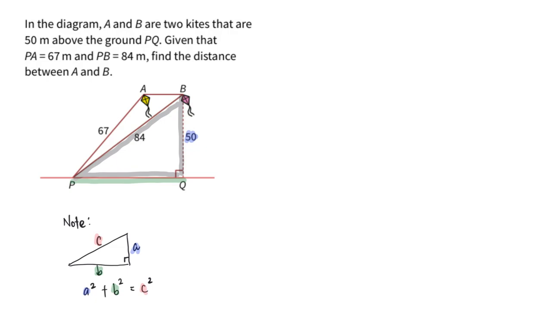So, applying the Pythagoras theorem that you see on the bottom left hand corner, then I would have my PQ square plus my 50 square, and this will be equal to my 84 square.